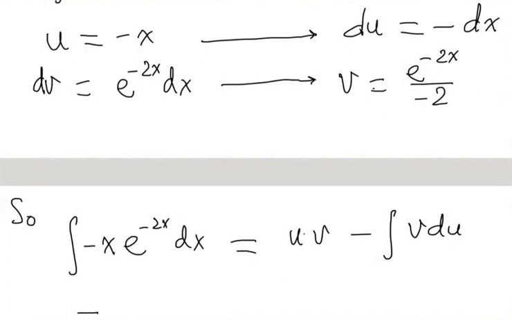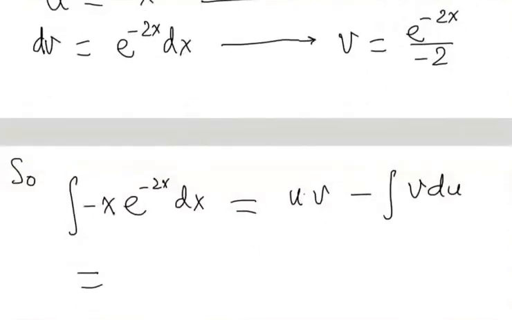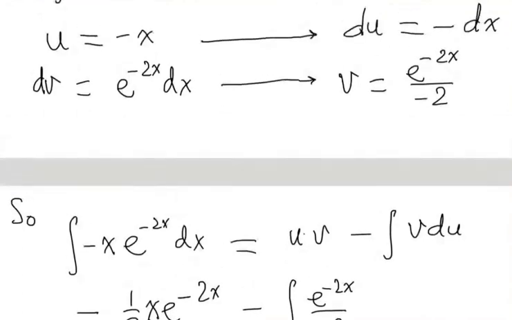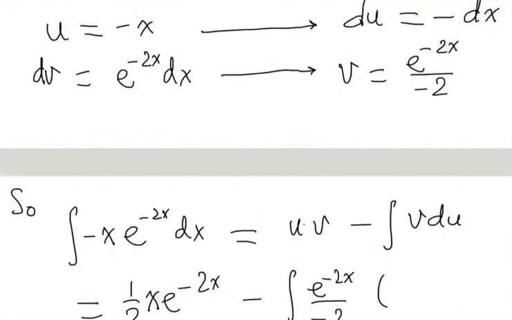The minus signs cancel out. So we have a half x e to the minus 2x, and then minus the integral of v, e to the minus 2x divided by minus 2, and then du is minus dx.